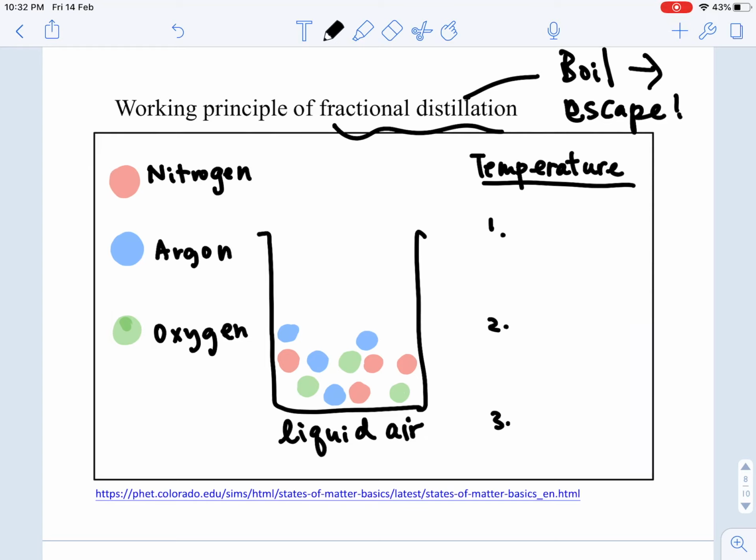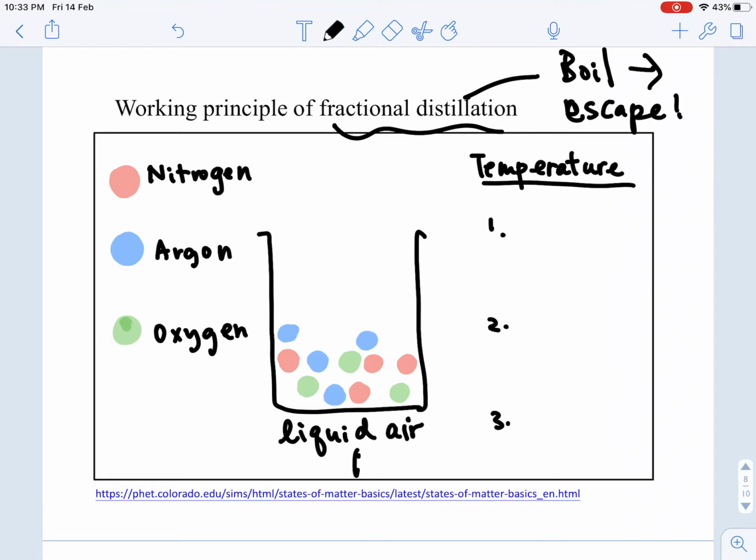Now I have liquid air in a beaker which is open to the surroundings, and you will see I have different particles inside. The red one is nitrogen, the blue one represents argon, and the green one represents oxygen.